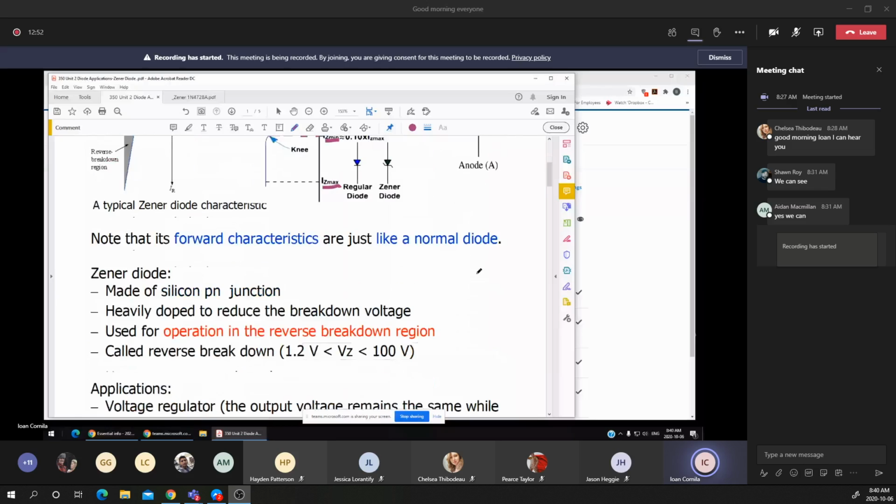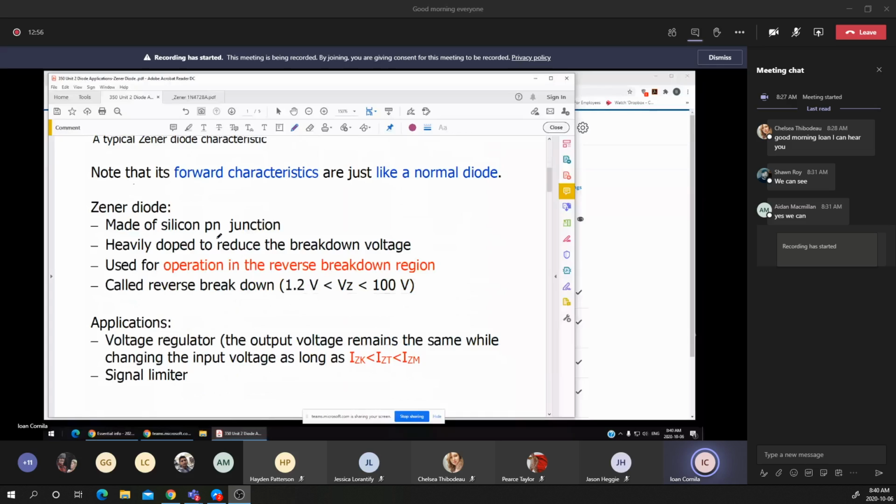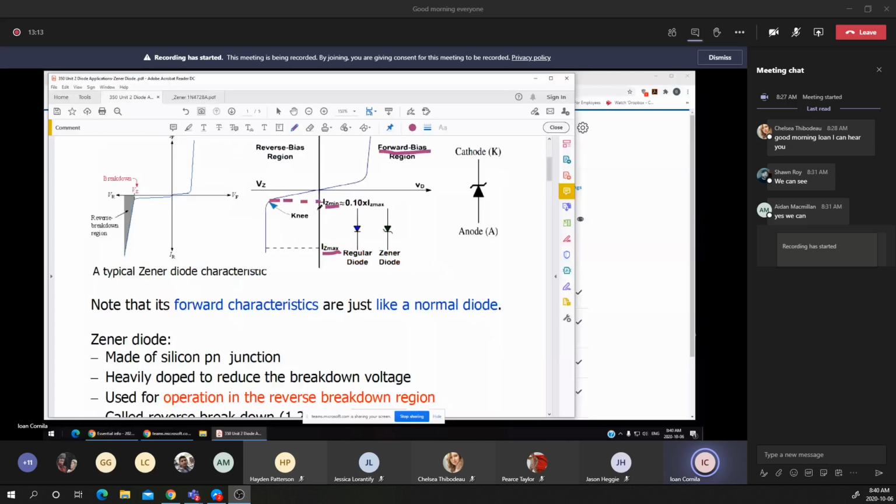Now, how is it made? It is based on the same depletion region, except that the P and N semiconductors are heavily doped, and in this way the current is increased between the two limits, the min and the max, due to a tunnel effect.